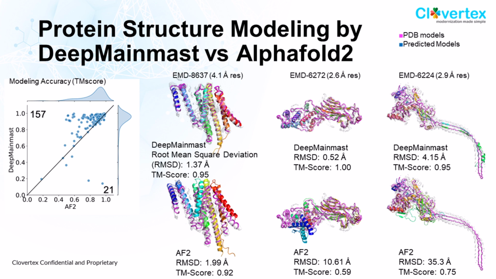In the middle example, it's a two-domain structure. AlphaFold 2 built the individual domains well, but the relative orientation is not good. On the right, there's a long tail of the beta sheet, and AlphaFold 2 does not make this a beta sheet at all. That long tail is merged into the main domain of the structure, but DeepMainmast can build this nice long beta strand because it is really looking at the density and tracing it.